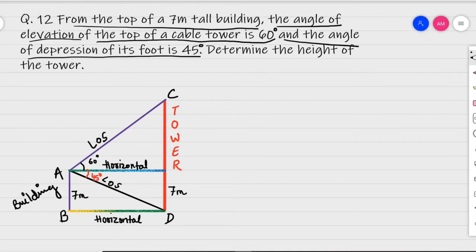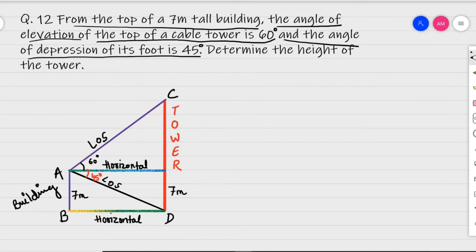When the angle of elevation is given, it means line of sight is to the upper side. Now see, and the angle of depression of its foot is 45. That means a person is looking up as well as looking down from his place. So the tower is taller.